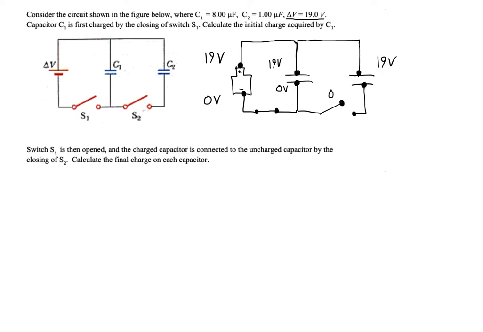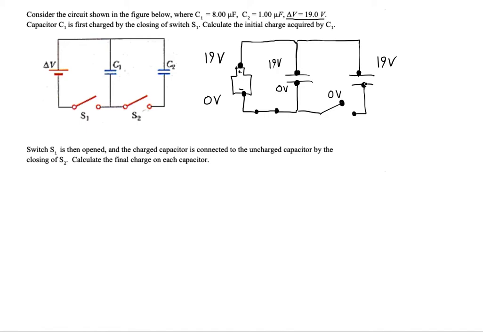And this is going to be 0 volts here. Since the opposite side of C2 is not in direct contact with the battery, it will not push negative charge onto C2's negative plate. And for that reason, we're going to say that C2 remains uncharged.